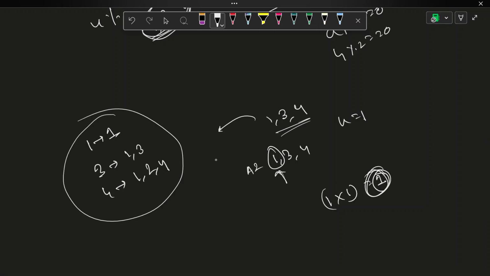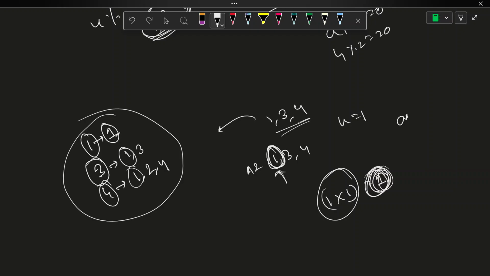Those numbers whose factor is 1 will be divisible by it. Here 1 is divisible by 1 because its factor is 1, 3 is divisible by 1, and similarly 4 is divisible by 1 because it has factor 1. So there will be 3 numbers divisible by this number, so the answer will currently be 3.